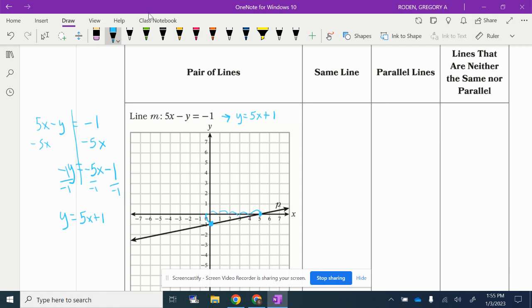So this equation, I'll do this one in red, is going to be y equals 1/5 x minus 1. So yeah, the slopes aren't the same, guys. They have a slope of 1/5 and a slope of 5. Therefore, they're neither parallel nor the same because they have different slopes. Whenever their slopes are different, they are neither.